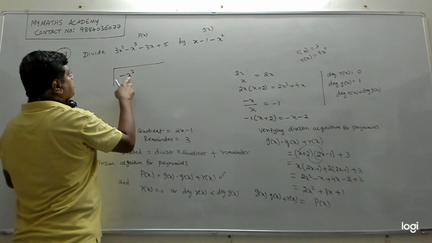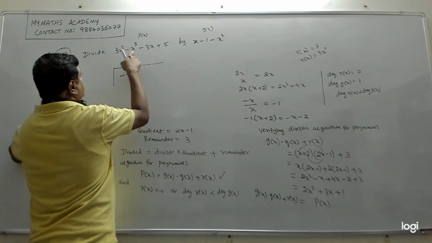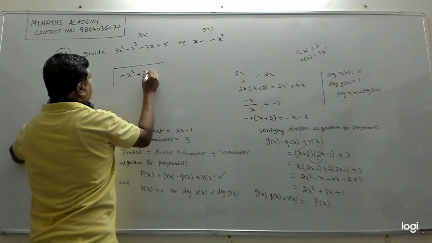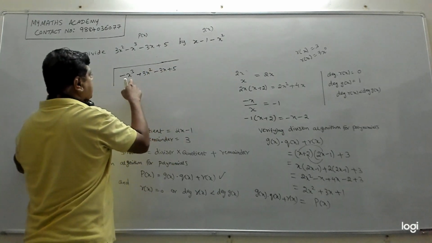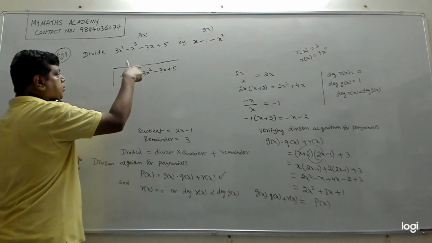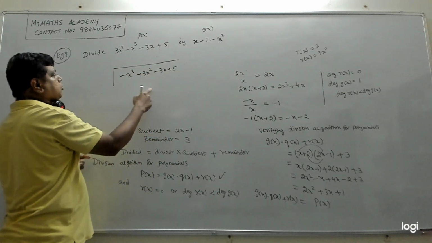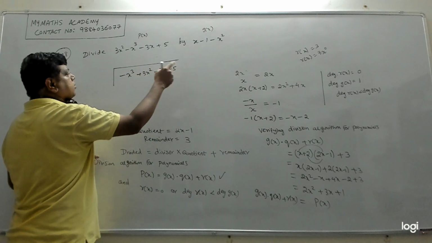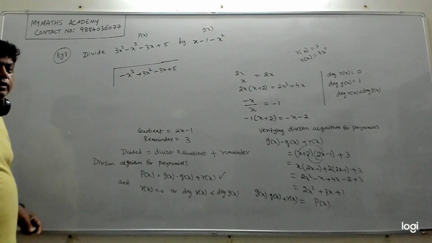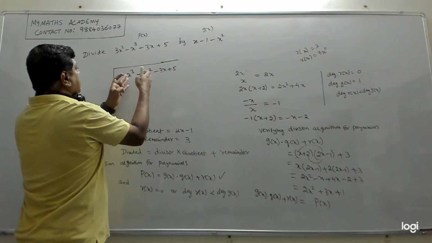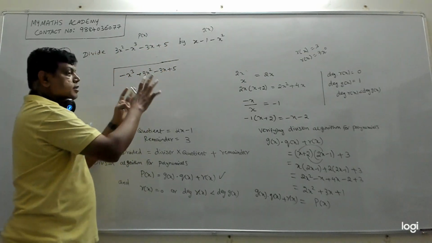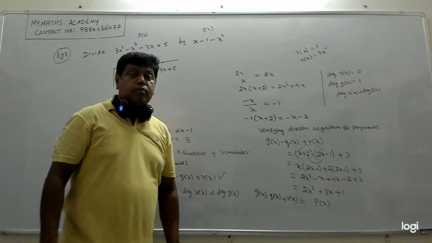So minus x cube, then plus 3x square minus 3x plus 5. You have to first arrange it so that the cube comes first, then square, then x, then the constant. So 3, 2, 1, 0. The power should keep decreasing. Don't write it as it is given, like 3x square minus x cube, then your entire problem will become wrong.